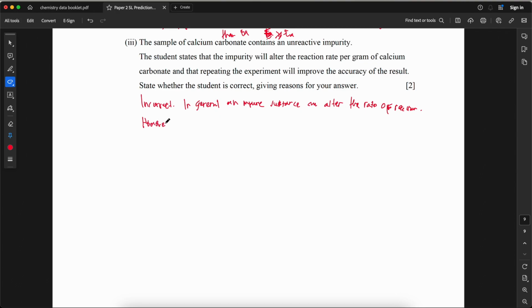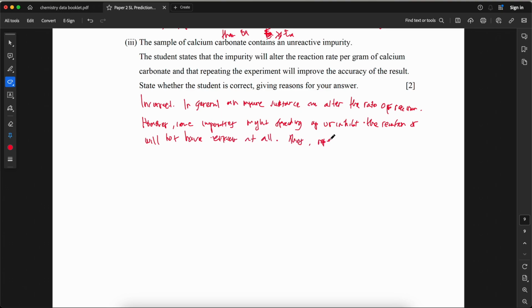However, some impurities might speed up or inhibit the reaction, or will not have any effect at all.